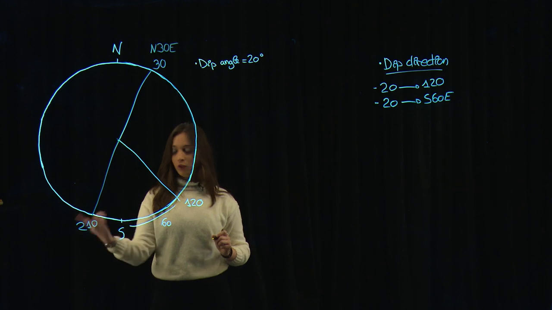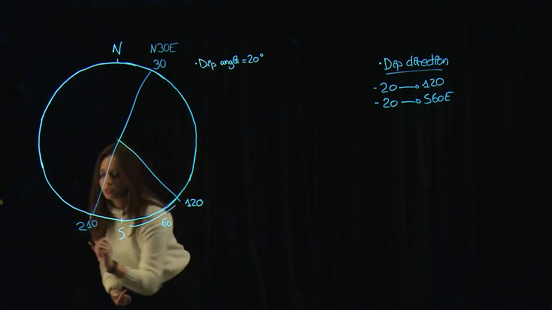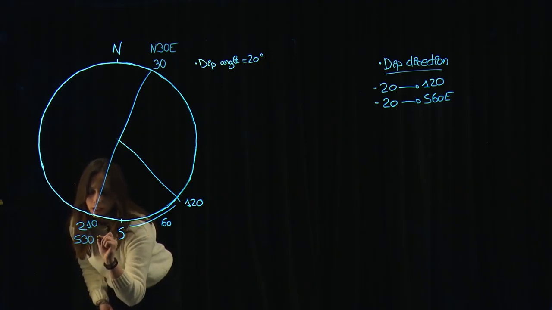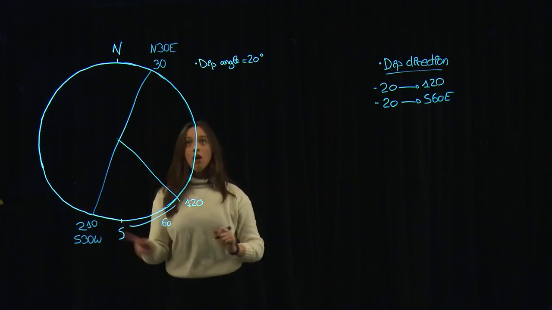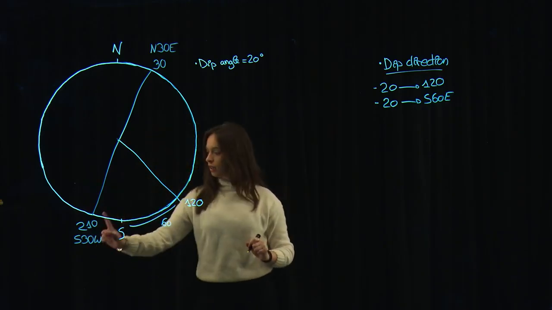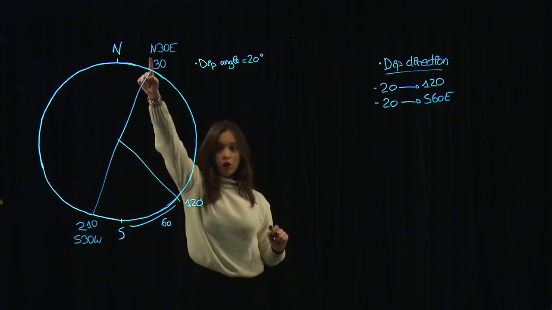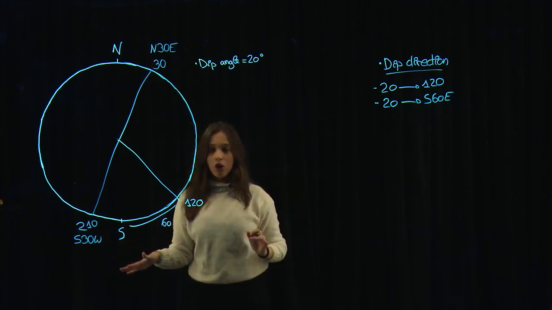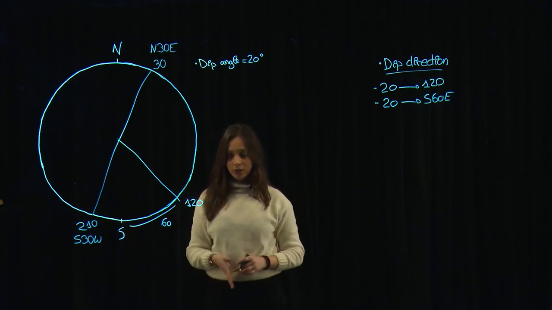Once again, if we take the south as reference, it's south 30 west. We always start either with south or north. These are all the ways of writing down this information.